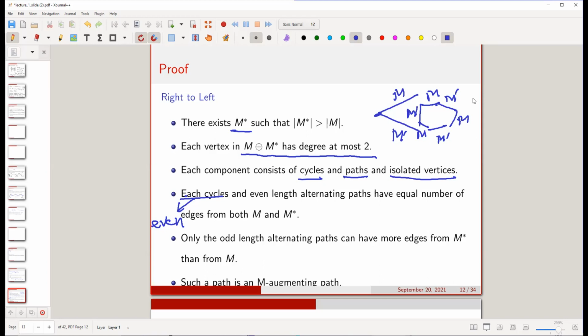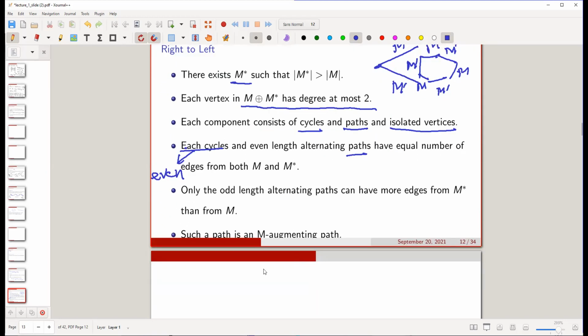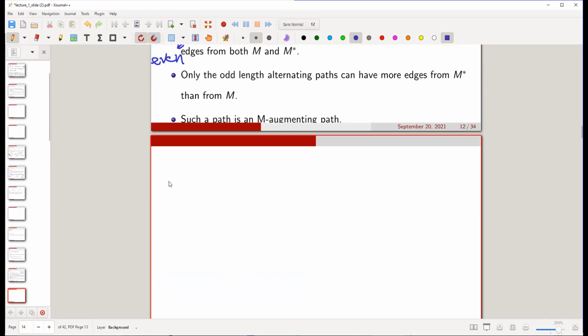Next we are going to look into paths. The paths can be of two types: either odd length or even length. First we are going to see what happens if the path is of even length.